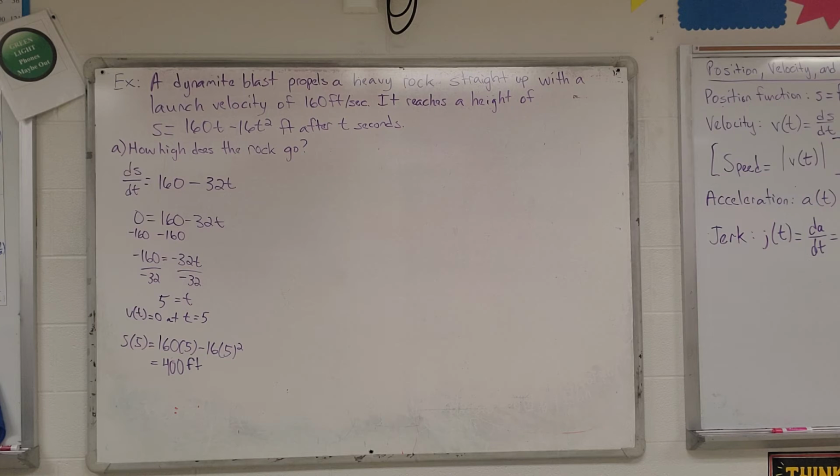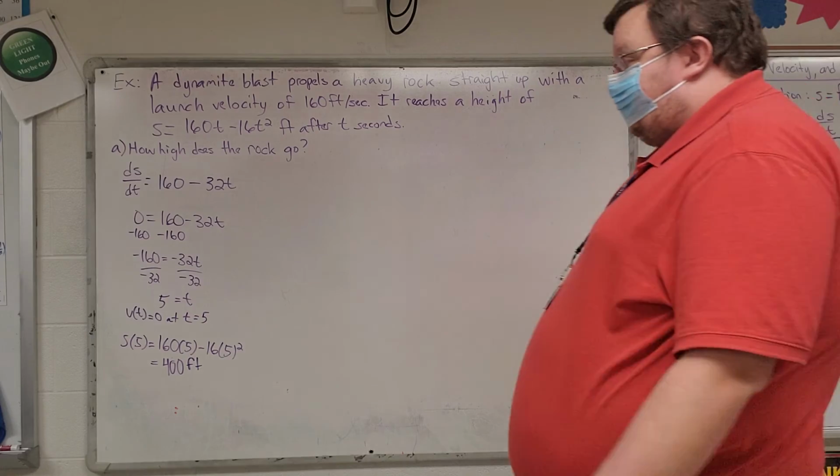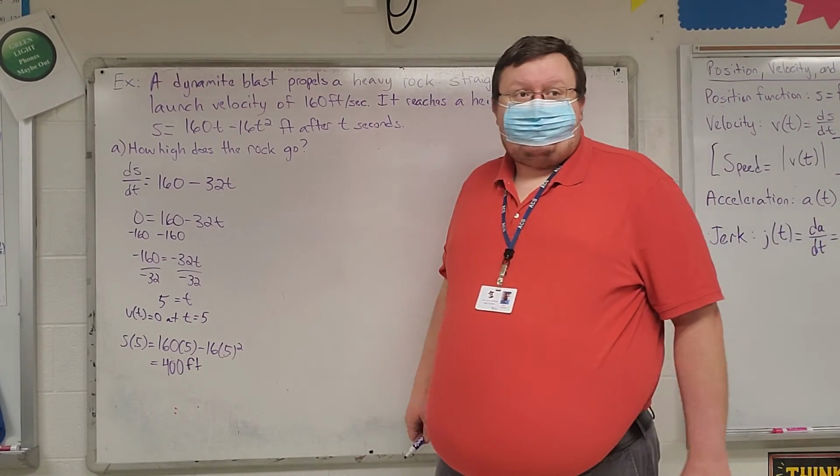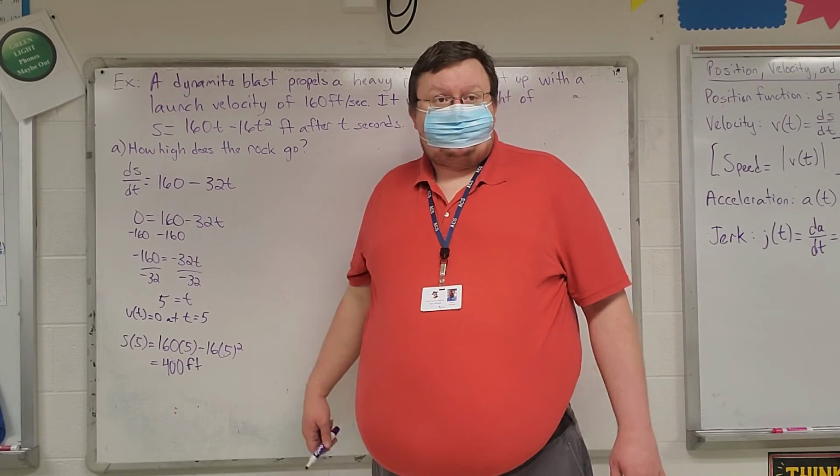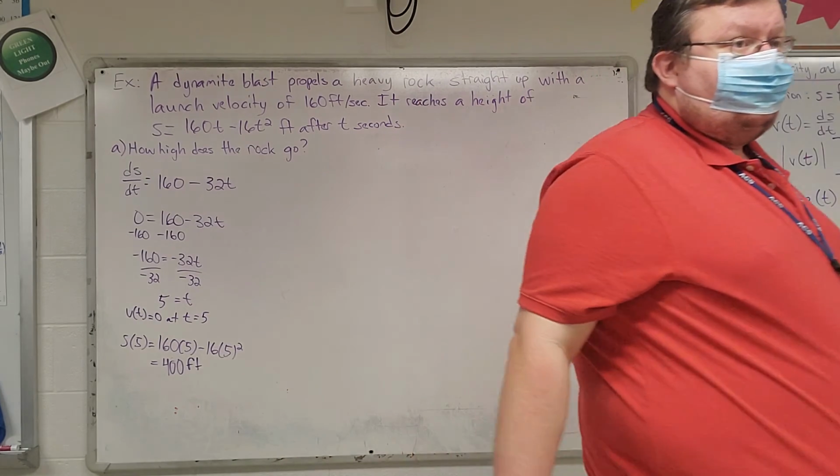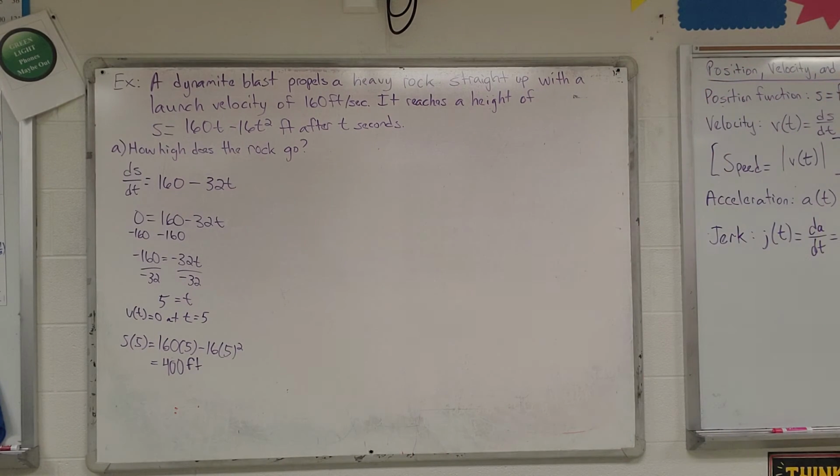Because gravity's acting on it. Okay, so it's going to slow down, and for just an instant, it's going to come to a stop before it turns around and comes right back down. So we found where the velocity was 0, and then we plugged that value for time into the position function to figure out what our position is at that time, to see how high the rock went.